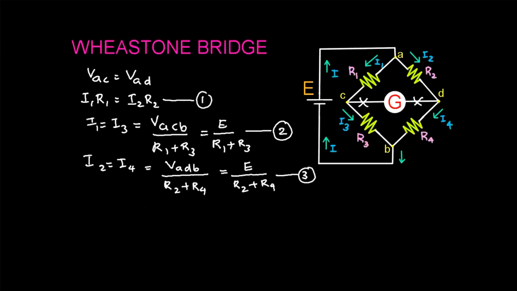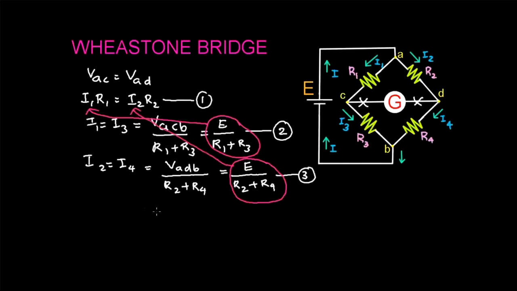Why have we derived this? Because we can substitute this value of I1 and this value of I2 in equation number 1. So I am going to substitute I1 here and I2 here.